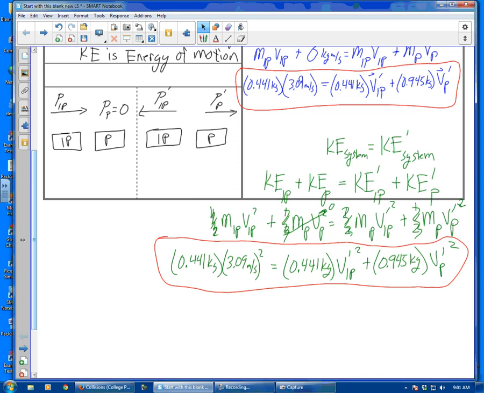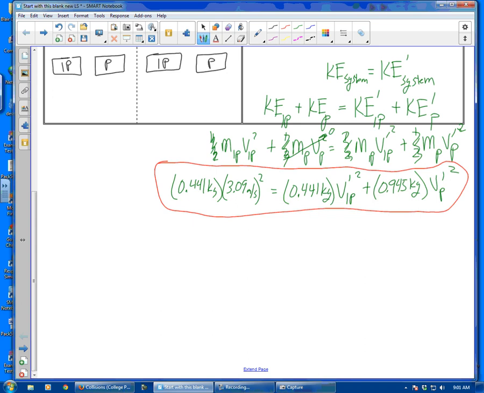So what I'm doing down here, going to red, is I'm saying x is the same as VIP prime, and y is my VP prime. So I'm going to make them simpler to type in.